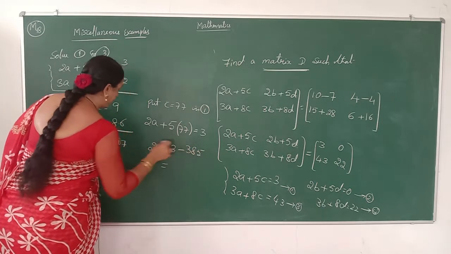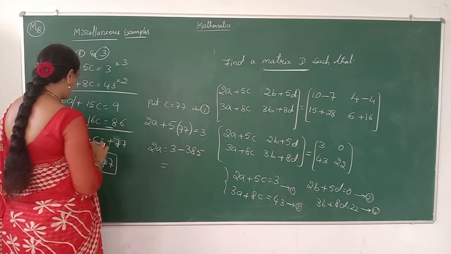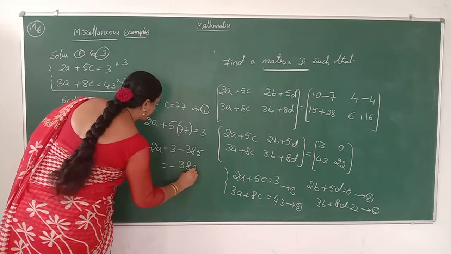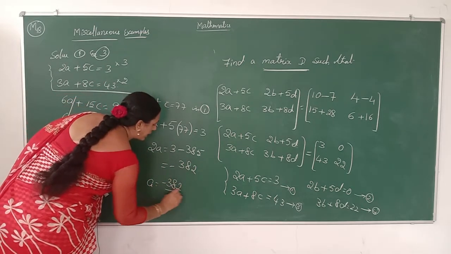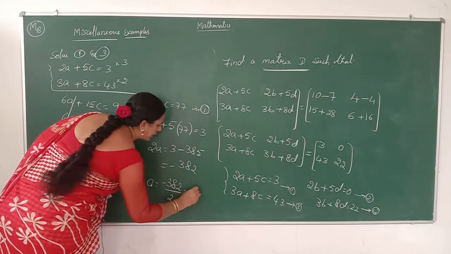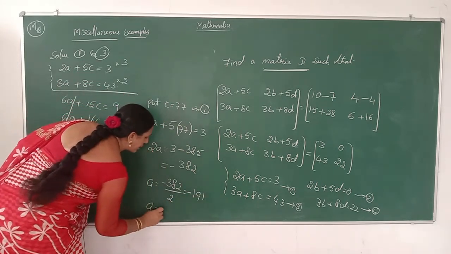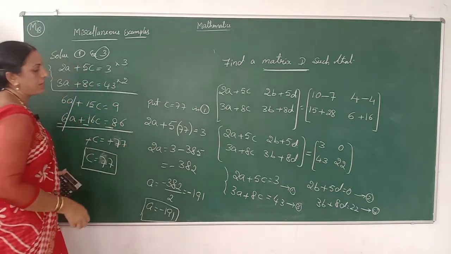So 3 minus 385 is minus 382. Therefore A is equal to minus 382 divided by 2. Therefore A is equal to minus 191. This is the value of A.